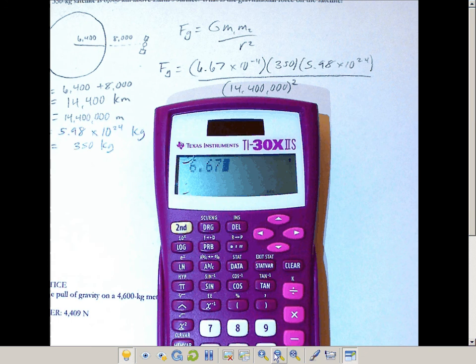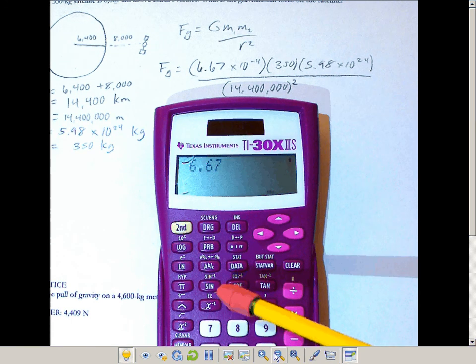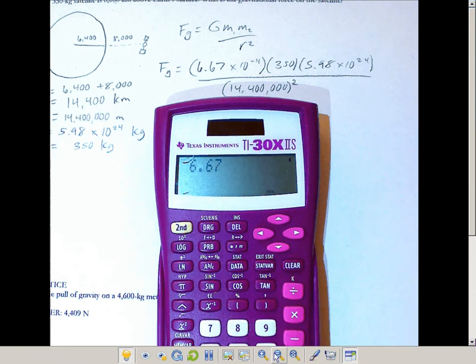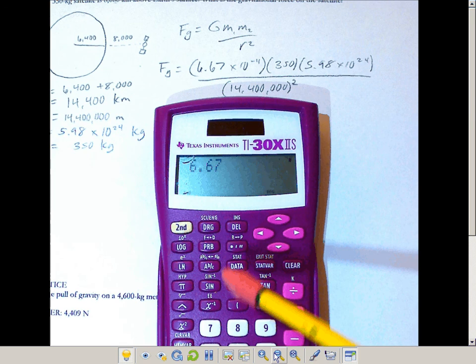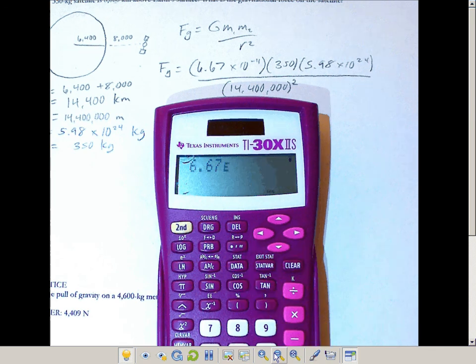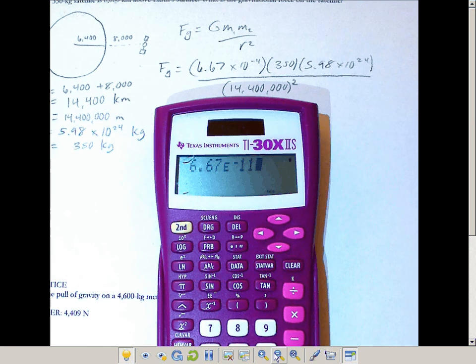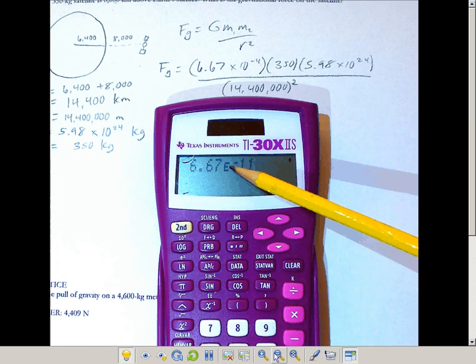You're looking for the double E button, which in this case is located right here, and it's going to be a second function. So I'm going to do second function double E. That means times 10 to the, I'm going to hit negative 11. That E, and this is worth saying over and over, stands for times 10 to the. It doesn't stand for 10, it doesn't stand for times, it's times 10 to the.